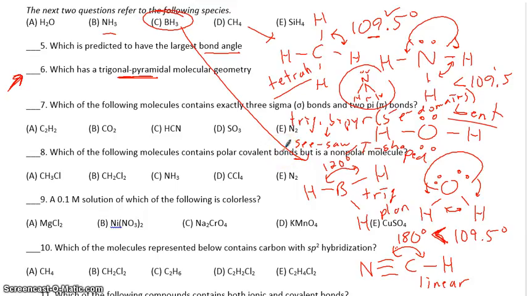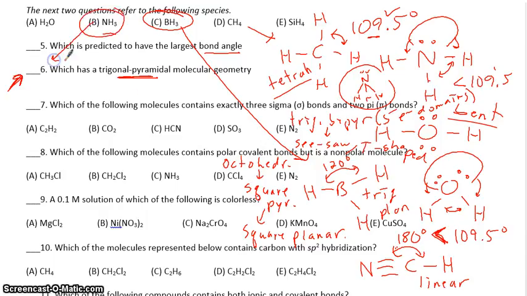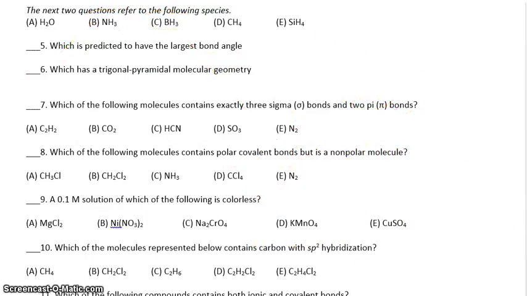And you also have octahedral, which comes down into square pyramidal, and then square planar. So review those, take a look at your previous notes to get those, but your trigonal pyramidal, in this case, would be NH3. All right, let's clean this up a bit, and take a look at number 7.